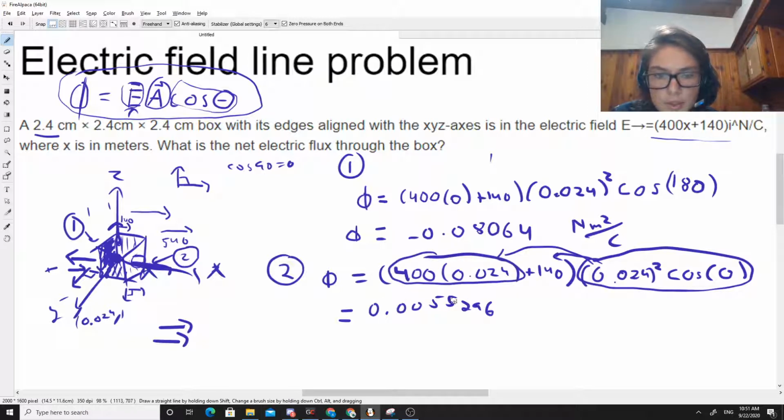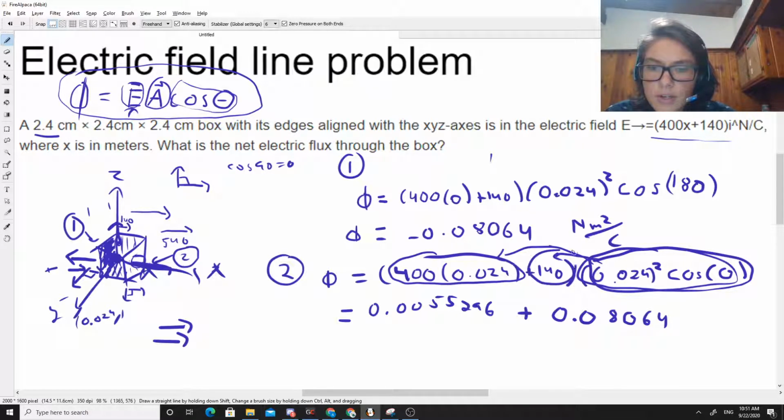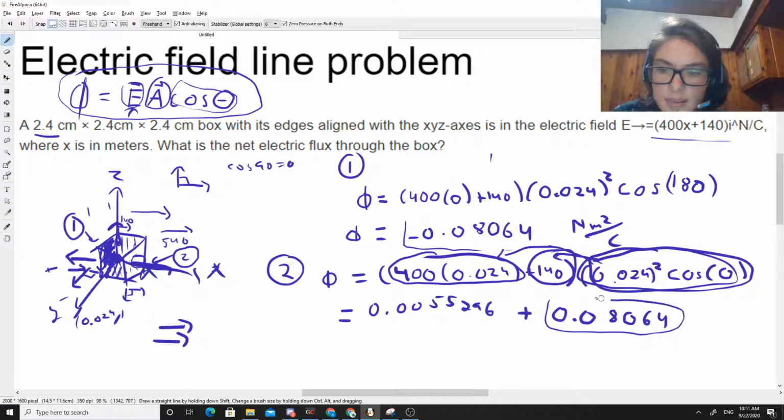And you add 0.0864 when you multiply this whole part of the equation into your 140. And I kept it different because, as you can see, this part and this part are exactly the same.